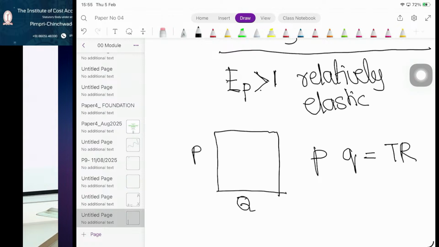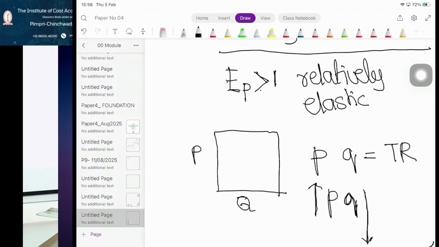If my price increases by a certain percentage, I draw an arrow for that, and I want to show a proportionately much bigger arrow down. Why am I showing a bigger arrow?